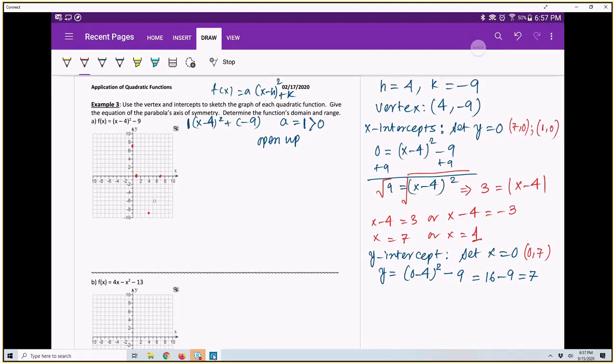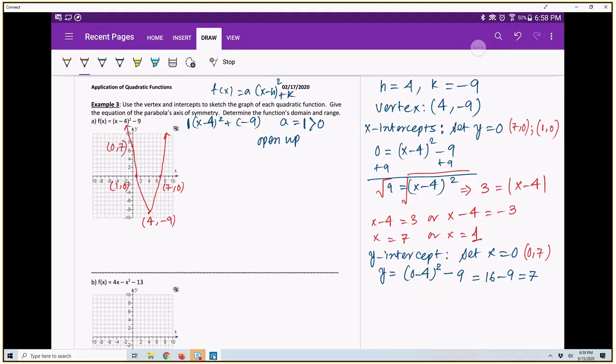And then we're going to connect these points, and that is the graph of the parabola: vertex (4, -9), x-intercepts (7, 0) and (1, 0), and y-intercept (0, 7).